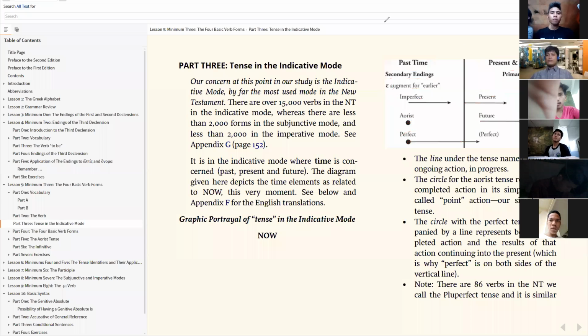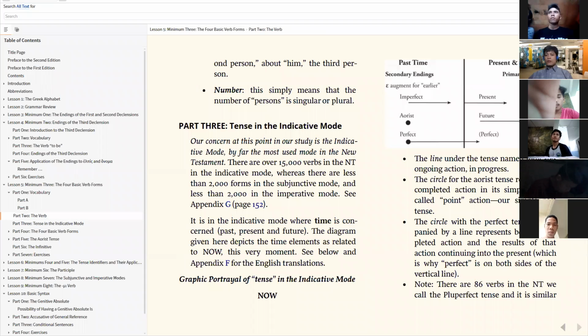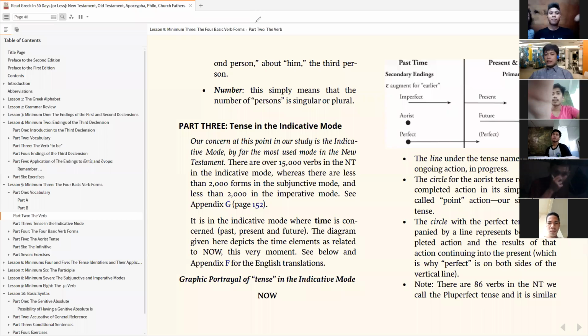So yes, let's go to the next page. But before we go to that, there is a note here.